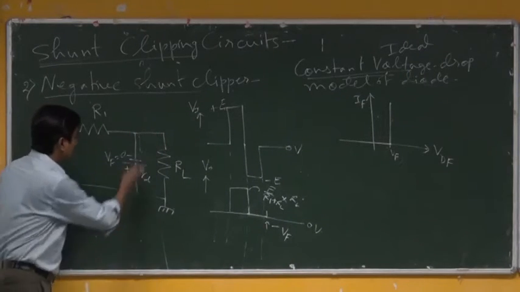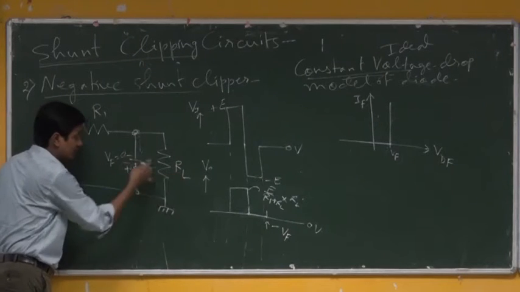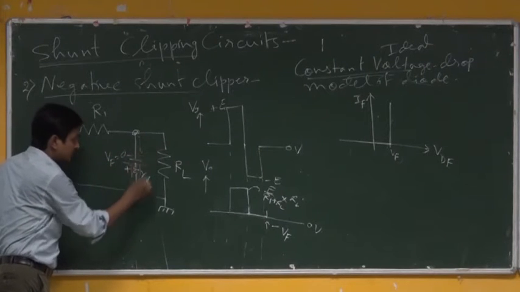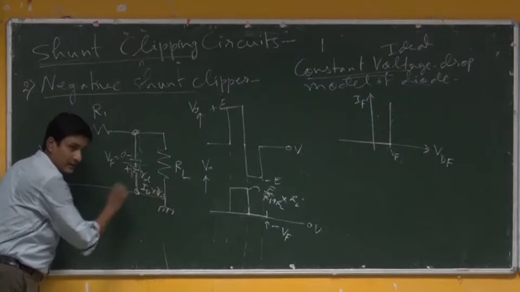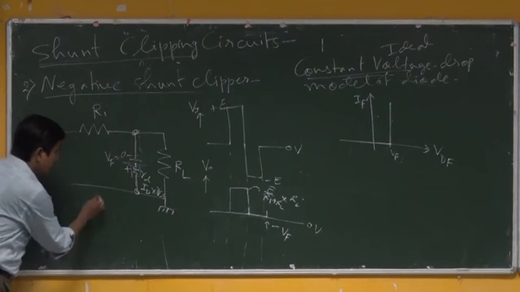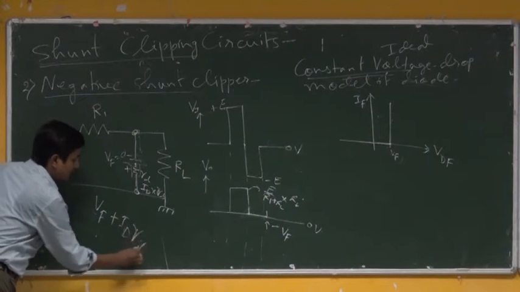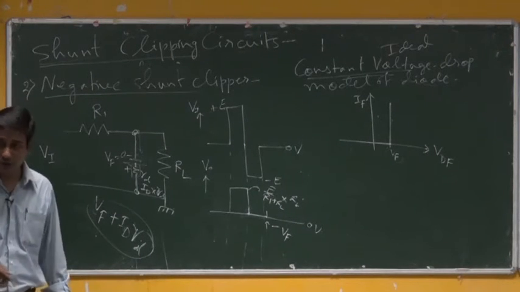Because in that case, to know the potential across this RL, which is shunted to the diode, it is this potential plus ID into RD. So VF plus ID into RD is the output voltage in that case. So this much modification is to be made, but it can be easily extended to that.